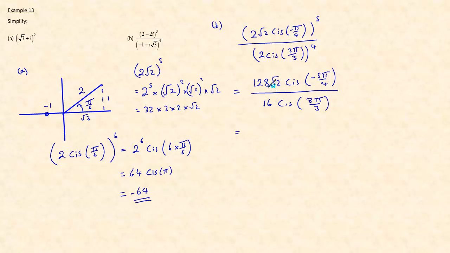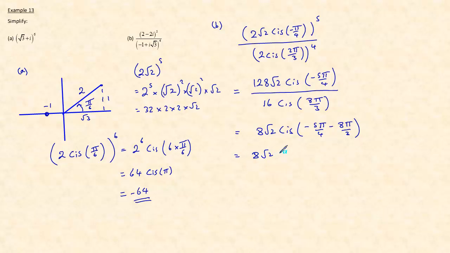So 128 divided by 16 is 8, so that becomes 8 root 2, and then because we're dividing, that's negative 5 pi by 4, take away 8 pi by 3, so we subtract the arguments.